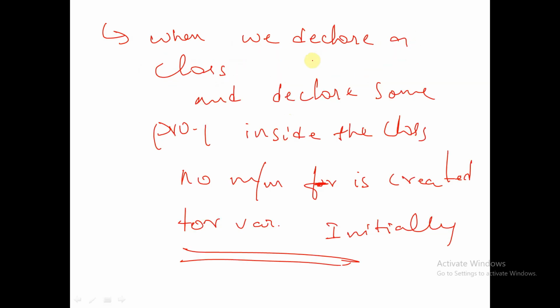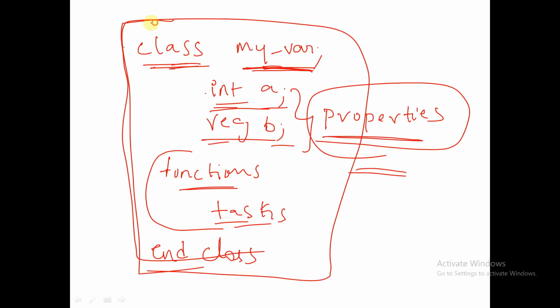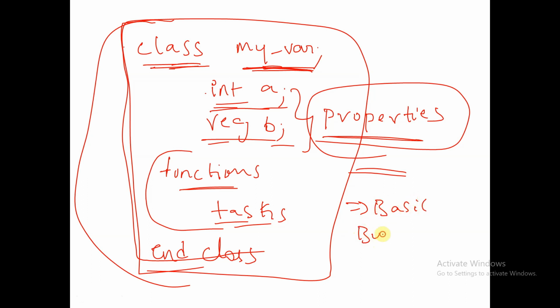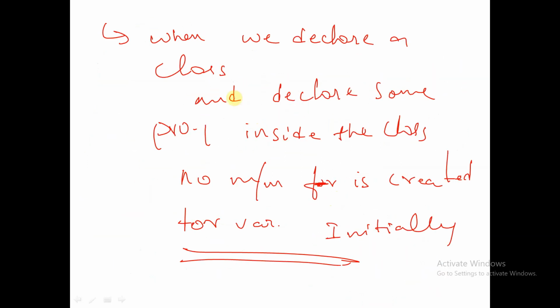So that's why the class is a basic building block, or just a basic template. We just declare some registers or properties, and no memory will be allocated for these properties. For the memory allocation of these properties we will create an object.